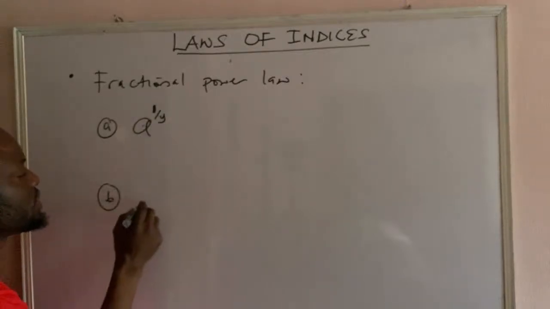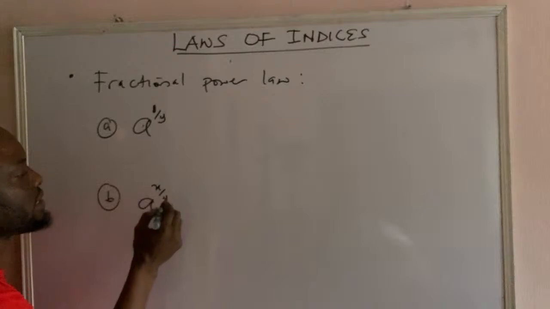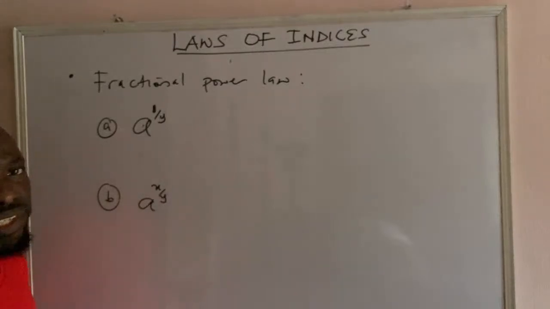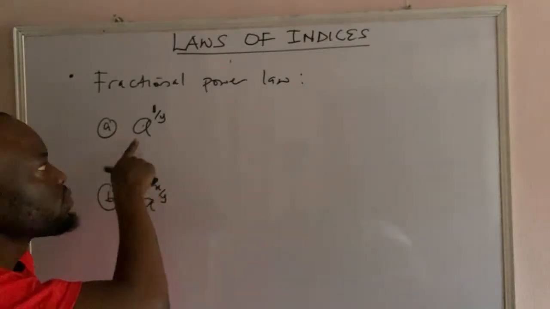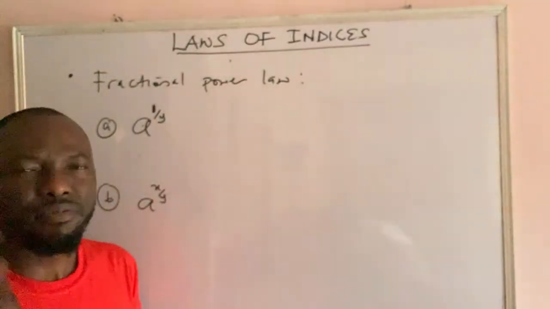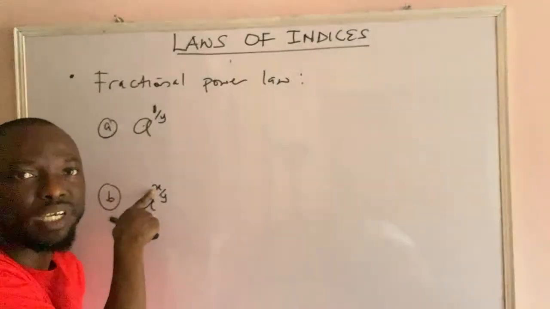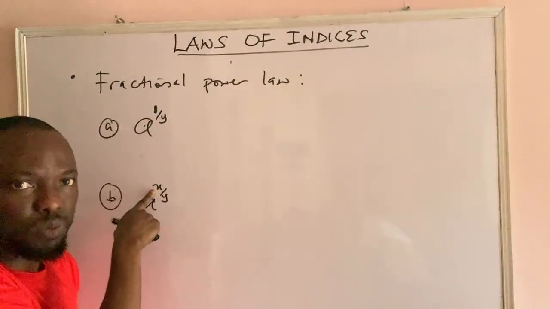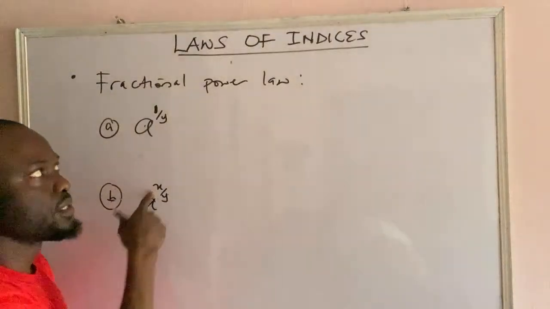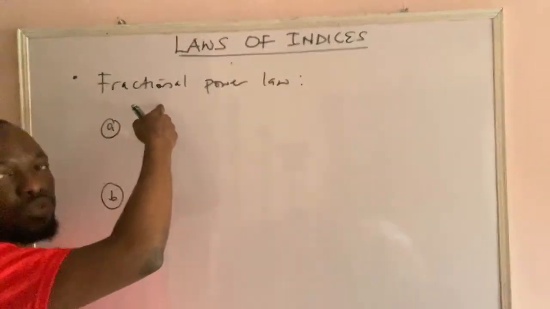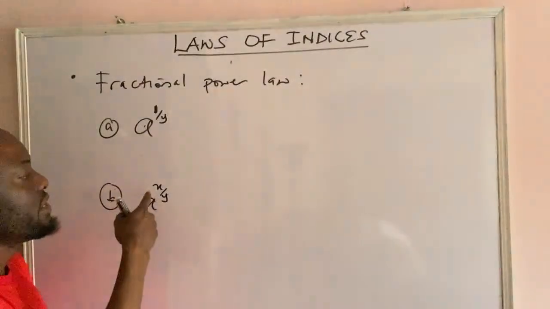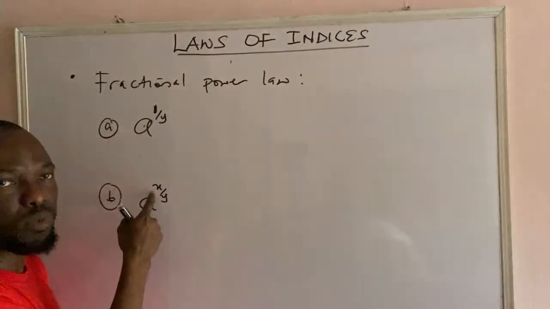The second condition is a raised to the power x over y. I will explain the two conditions for you. For this one, our fractional numerator is a 1. Here, our fractional numerator isn't a 1, it's a number greater than 1. That's what x represents here. So this is a case where the fractional numerator is a 1, and here the fractional numerator isn't a 1.